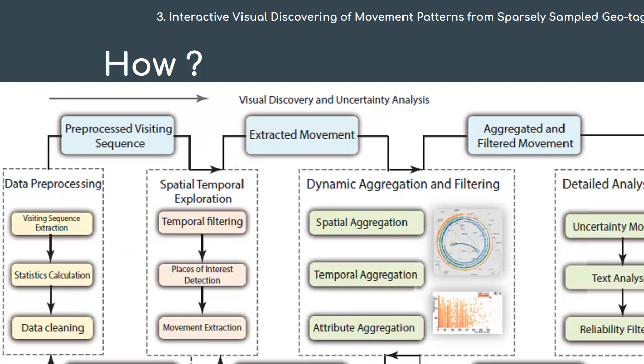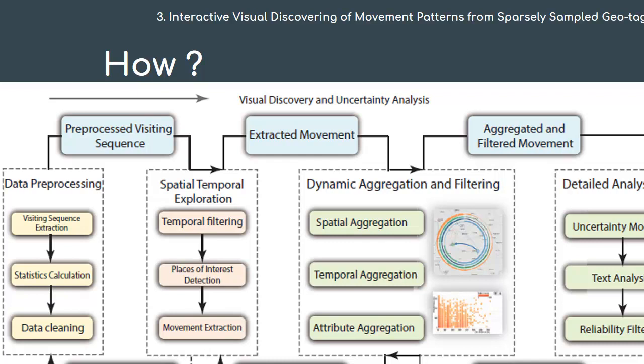Here's the pipeline for this system. There are five components: data preprocessing, spatial temporal exploration, dynamic aggregation and filtering, detailed analysis based on a certain model, and semantic exploration. In the first component, the analyst can extract the geolocation from the social media data.